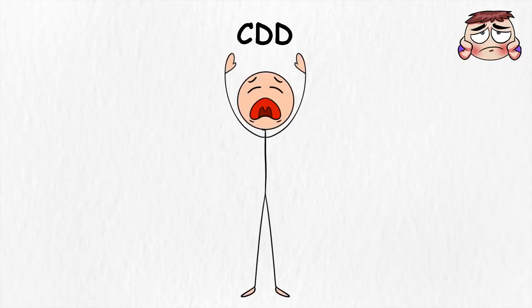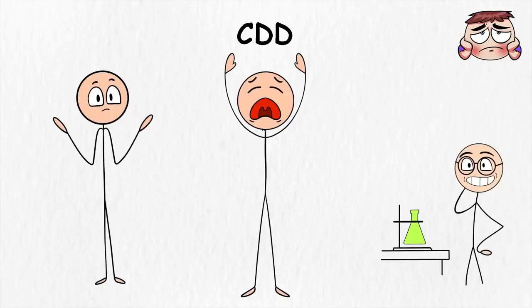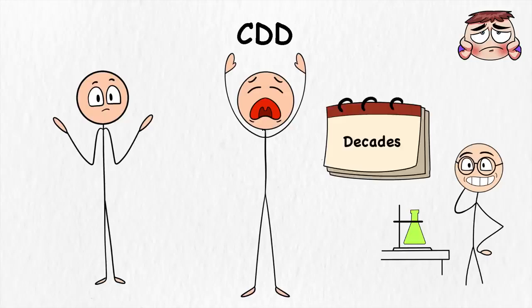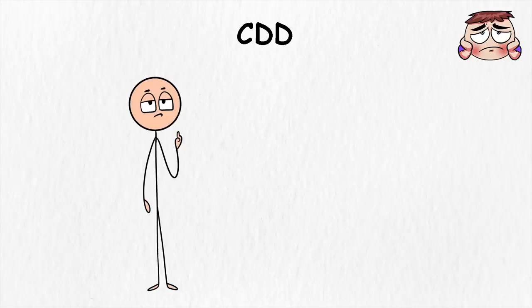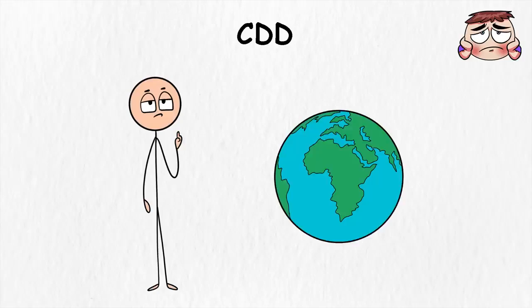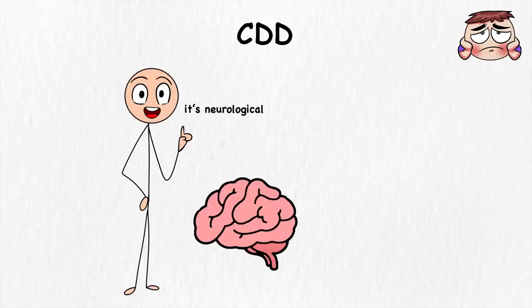The most frustrating part is that no one knows exactly why it happens. Scientists have been scratching their heads over CDD for decades. Some believe it could be related to brain abnormalities, genetic mutations, or issues with the body's electrical signaling. Others think environmental factors might play a role. One thing we do know, it's neurological, meaning it starts in the brain.